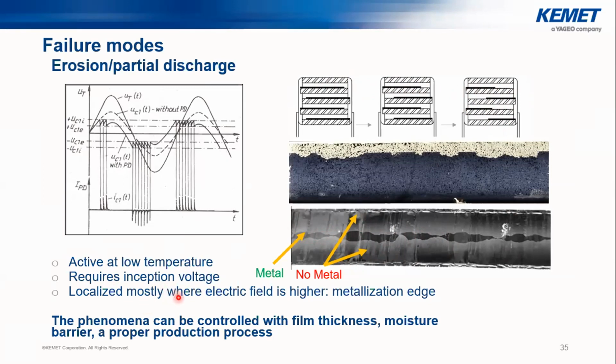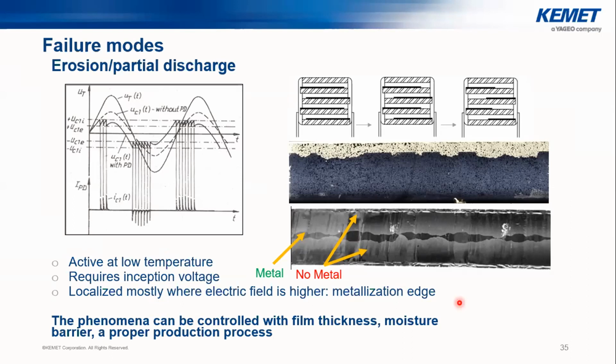It also requires an inception voltage. For example, partial discharges can happen at a specific voltage, and this can be below the rated voltage as well. It happens when we have a localized high electric field, especially at, for example, metallization edges.